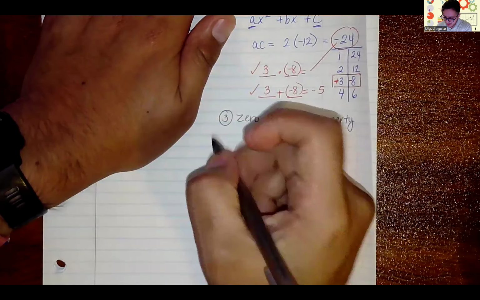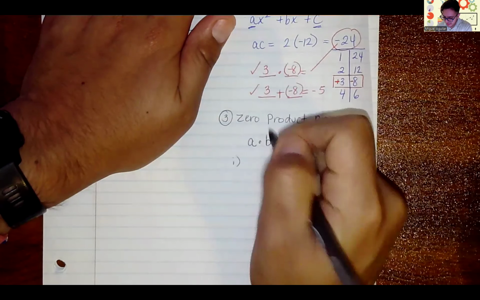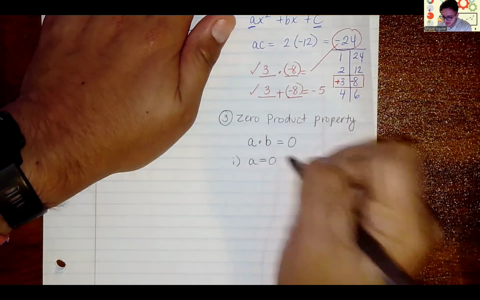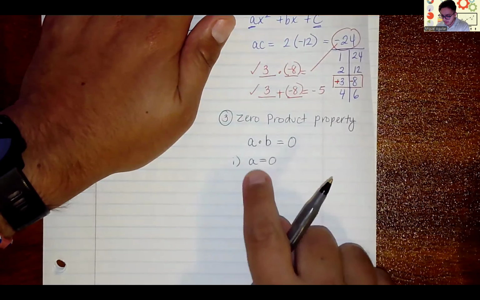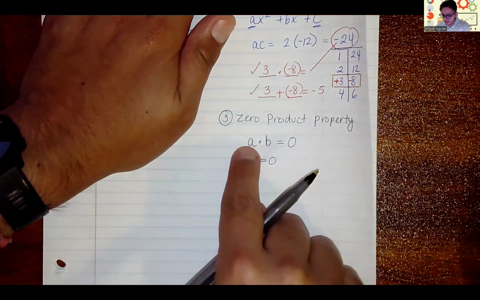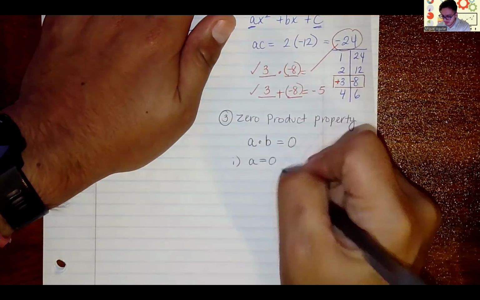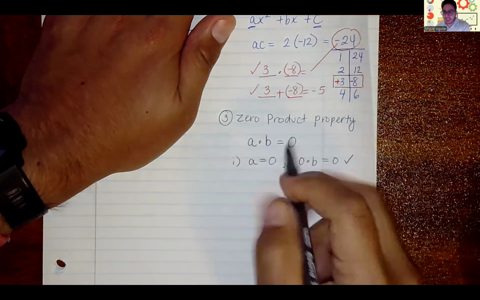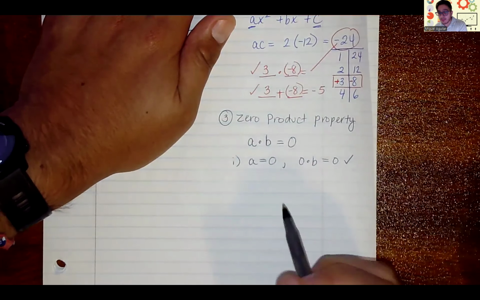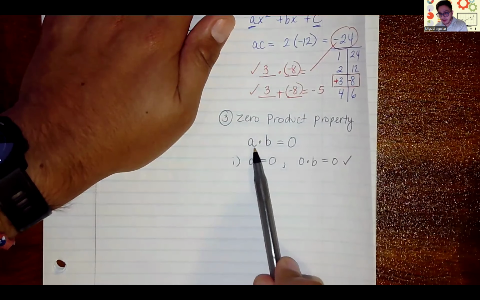Well, first scenario here is that A could be equal to 0, right? Because regardless of what B is, if A was 0, then 0 times B would be equal to 0, and we would get that true statement.